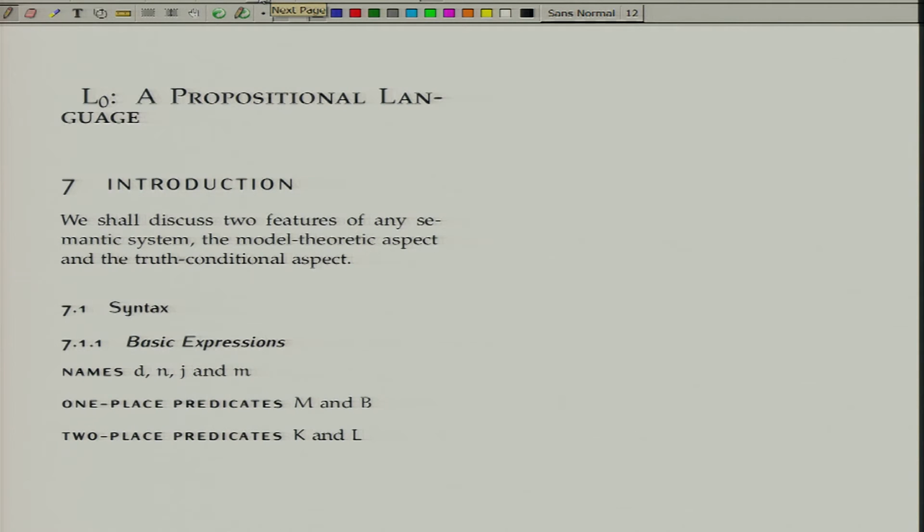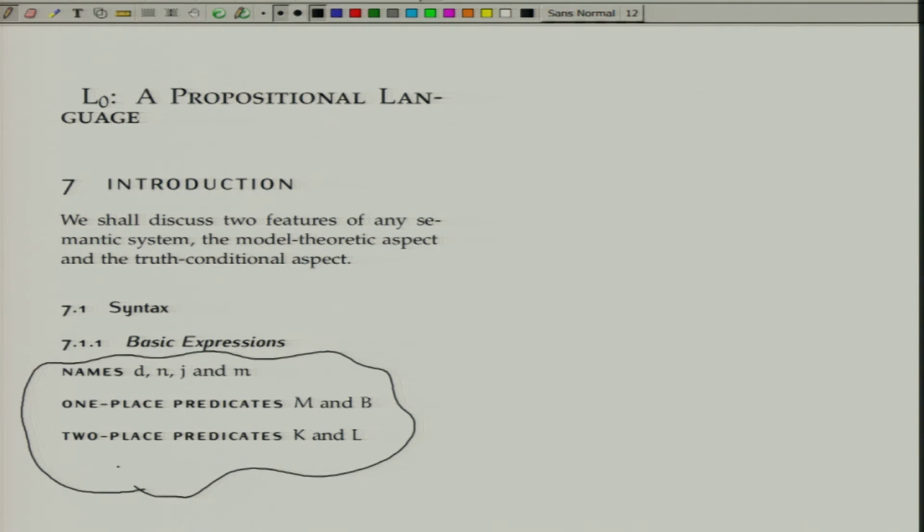So, it has words and it has the logical connectives. What makes it a propositional language? The logical connectives, that is, it has neg, or, and, if then, and if and only if. And the construction of this system has these basic expressions.